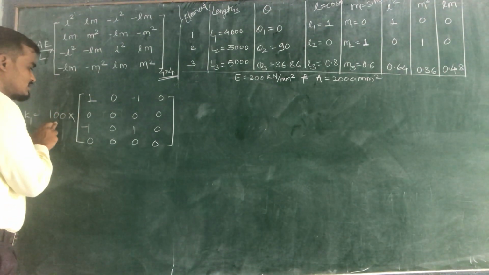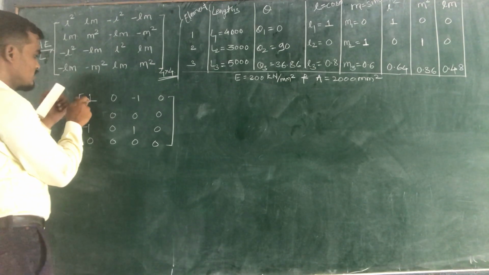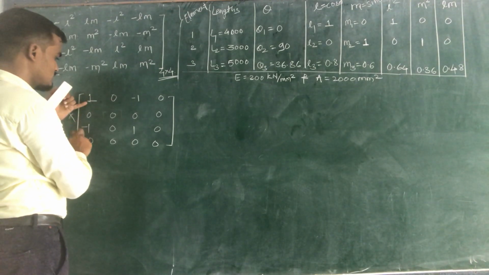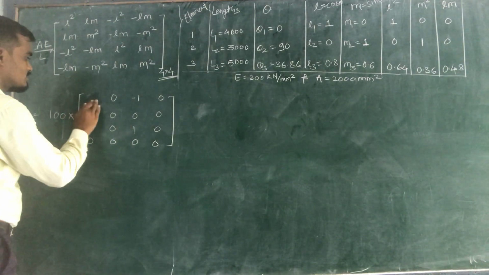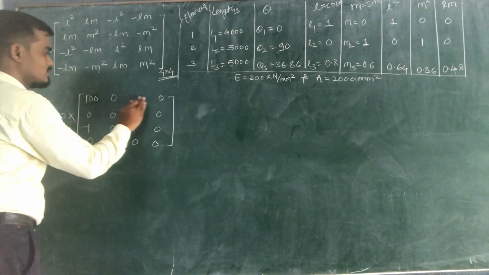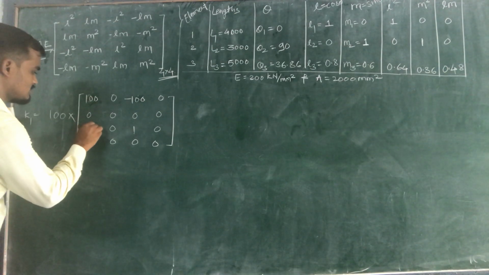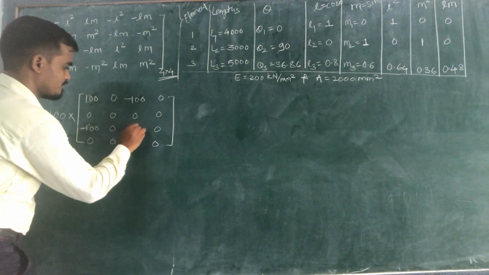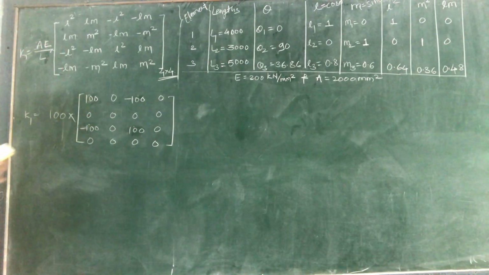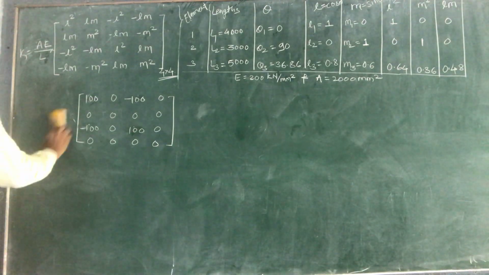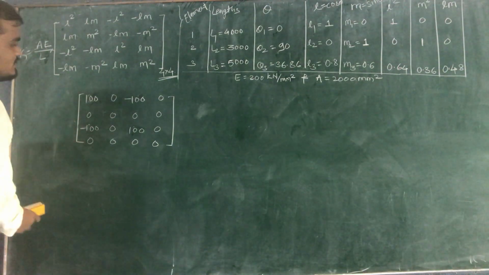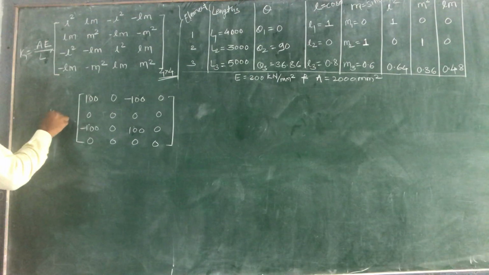By multiplying this 100 to this matrix, only at the 1 values there will be 100. So this will become 100, this will become minus 100, this will become minus 100, this will become 100.